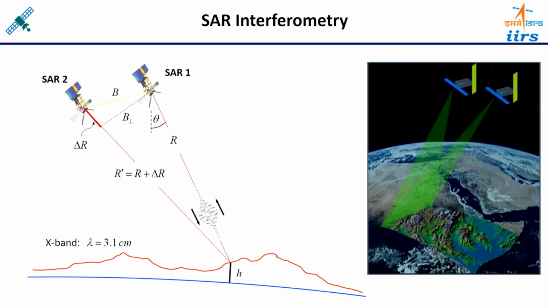The path difference may be in the horizontal direction, the vertical direction, or any other inclined direction. The actual topographic height, or the elevation, is the vertical distance. So this vertical distance is nothing but the path difference. From the phase difference of these two images, the path difference, or the topography, can be calculated very easily. So this is the basic principle of SAR interferometry.